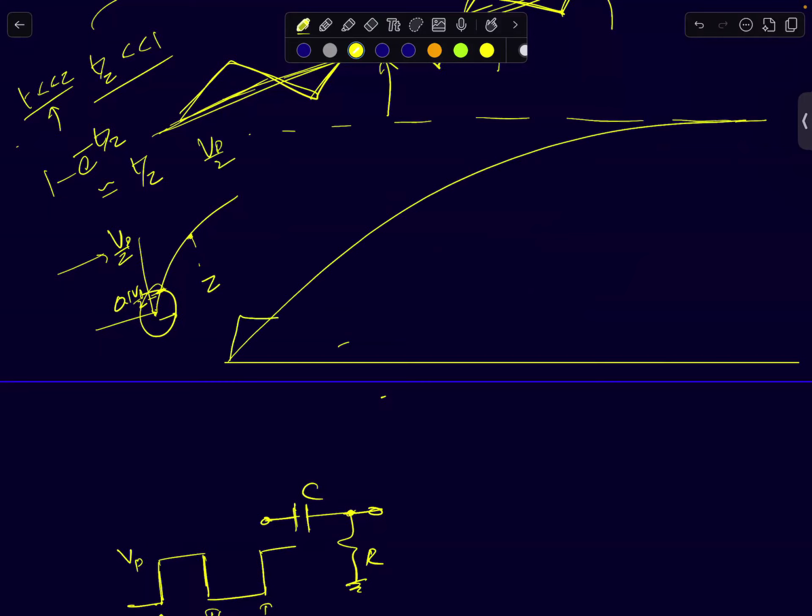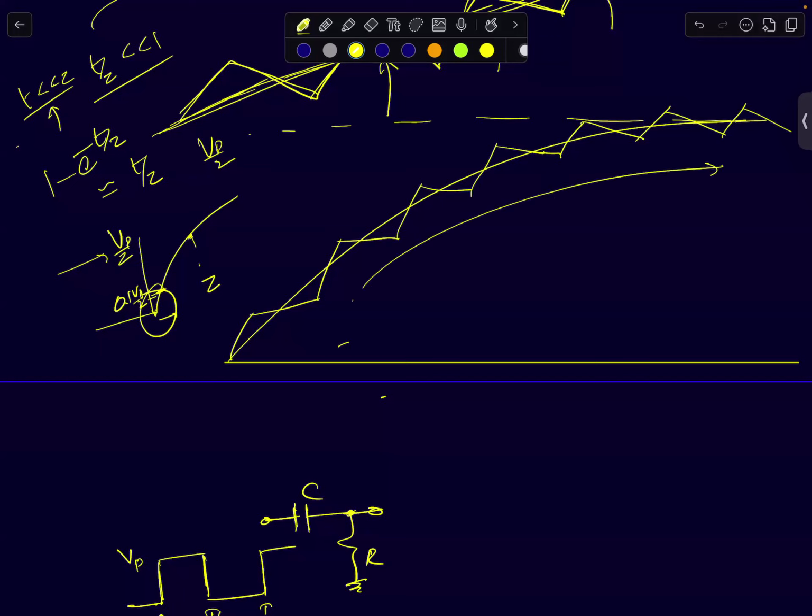On top of it, you will have this kind of a response, because I'm maintaining the average value at Vp by 2. What I showed you is the steady state response. In steady state, it would have reached Vp by 2, and it will keep oscillating between two values.